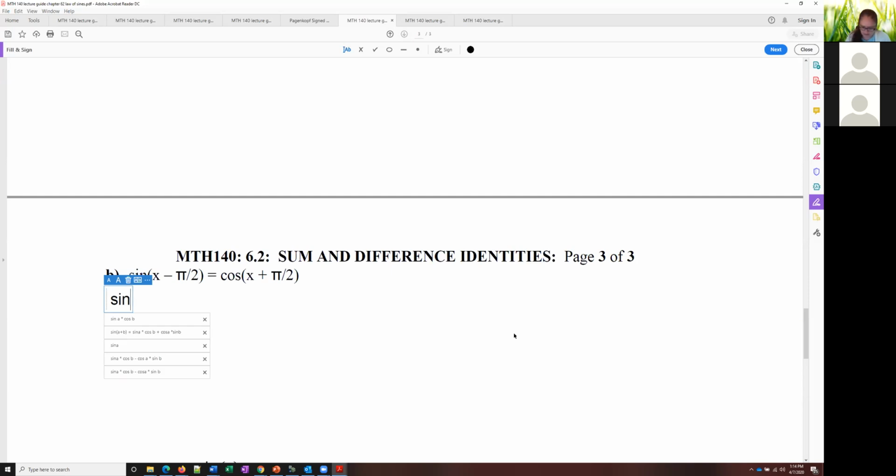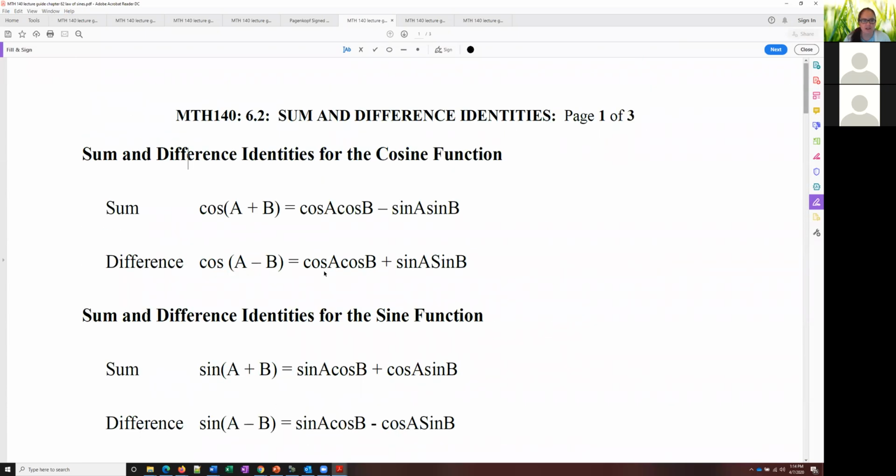The sine of x minus pi over 2. We have a formula for the sine of a minus b. I'll go back to the front page and show you what that looks like. The sine of a minus b is equal to the sine of a times the cosine of b minus the cosine of a times the sine of b.